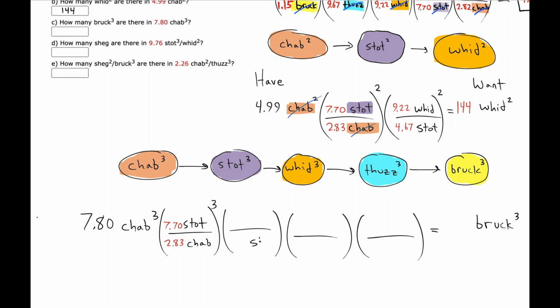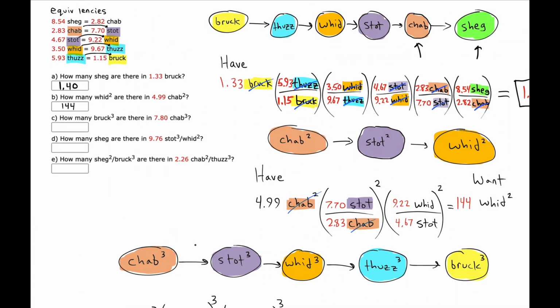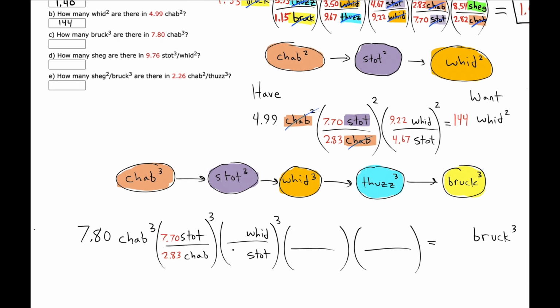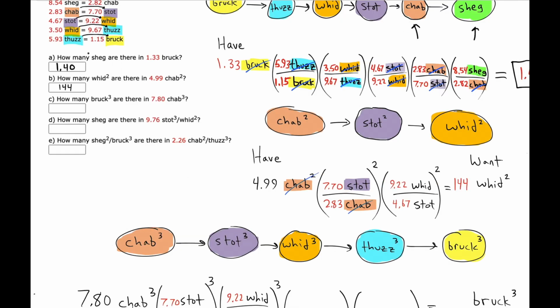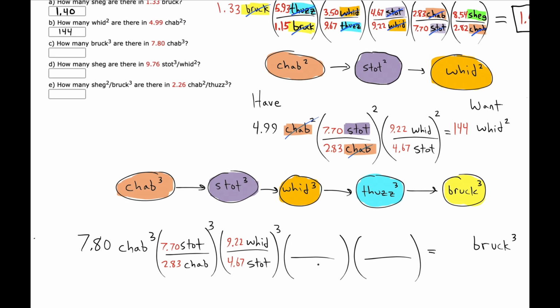Then we'll get rid of the stat cubed and produce wid cubed next and cube that factor. Next, let's eliminate wid cubed and go to thus cubed.